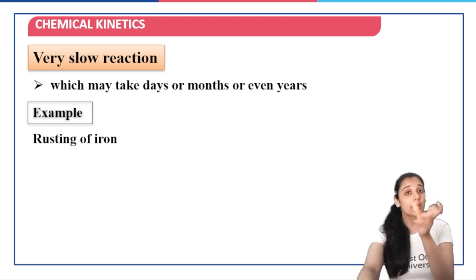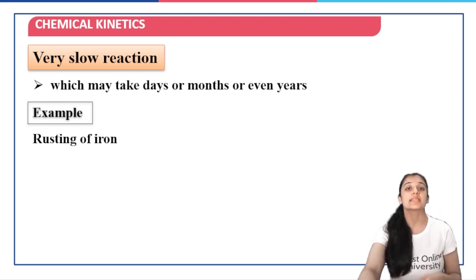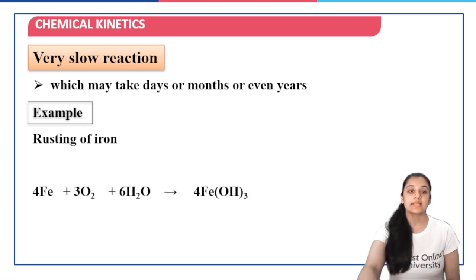So that 20 to 25 years is a very long period, which means that rusting is a very slow reaction. That is, iron will react with oxygen in the presence of moisture to give ferric hydroxide.